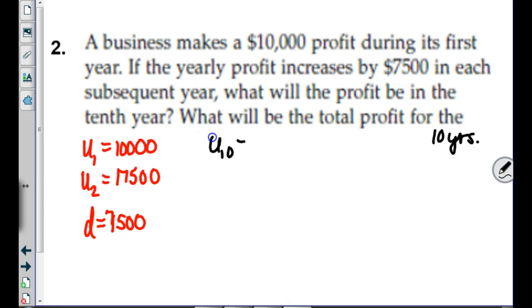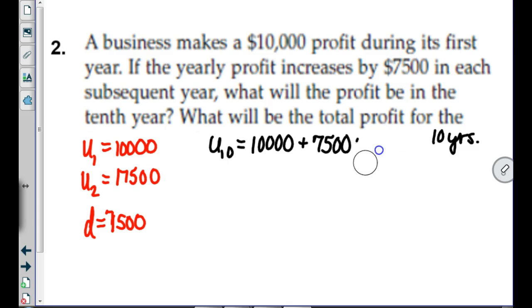U sub 10 equals 10,000 plus 7,500, Lindsay says, times n minus 1, which is going to be what? 10 minus 1, which should be 9. Oh, 10 minus 1 is 9.